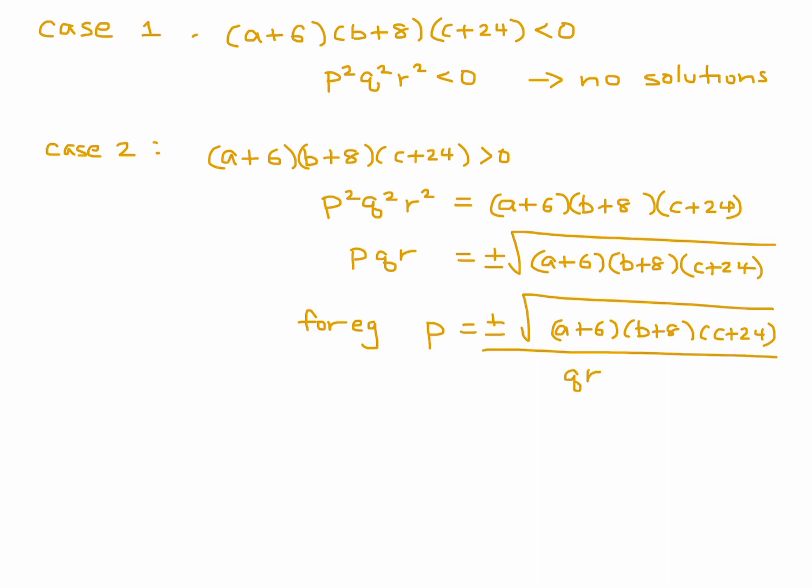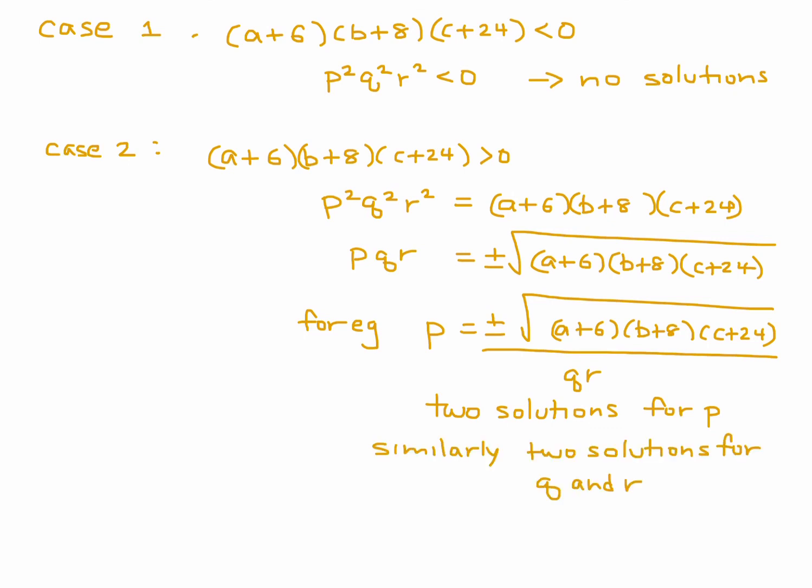And as you can see, that is 2 solutions. 2 is not infinite. 2 solutions for p. And then similarly, you would get 2 solutions for q and r. So since 2 is certainly not infinite, case 2 doesn't give us an infinite number of solutions.